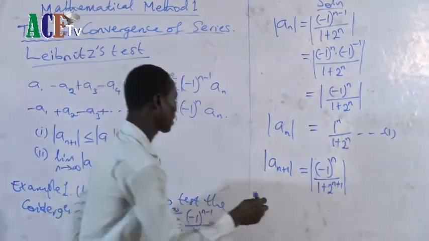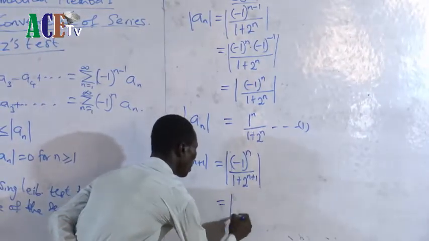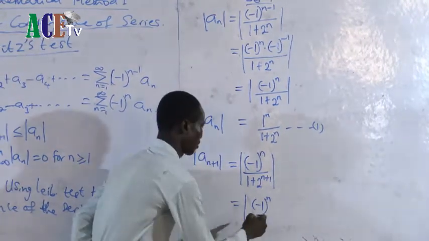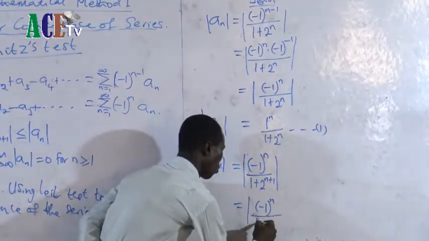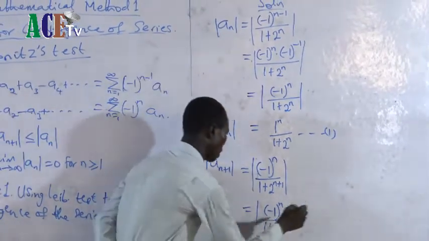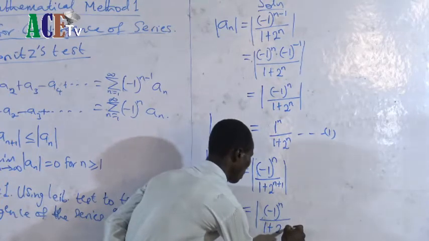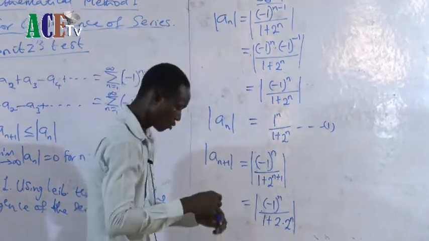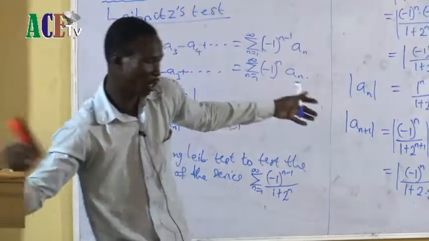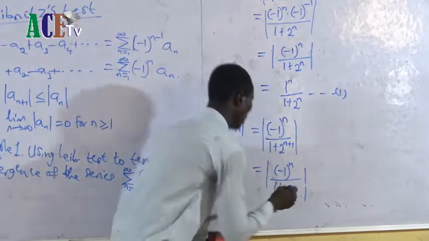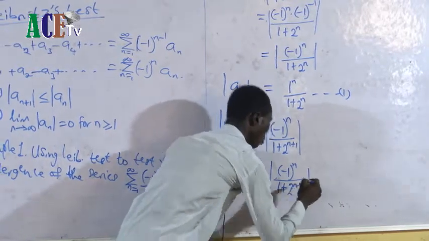If that is the case, then this one will give us (-1)^n divided by 1 + 2 times 2^n. Or, let me leave it like that: 2 raised to the power n + 1.